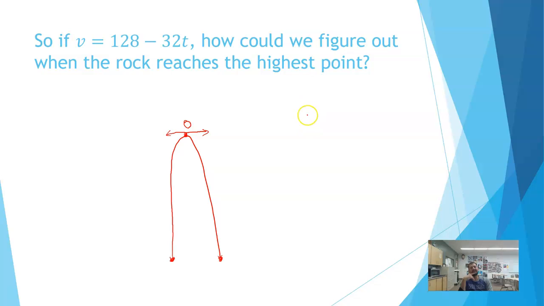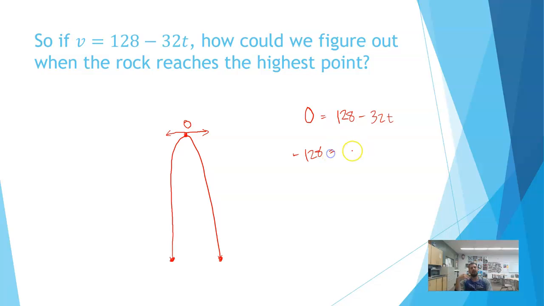So its velocity at that time, which is the derivative of position, would be 0. For a split second, when the rock gets to its very highest point, it's neither going up nor going down. It has no speed whatsoever. So its velocity at its very highest point is 0.